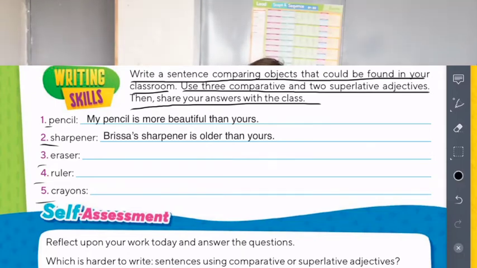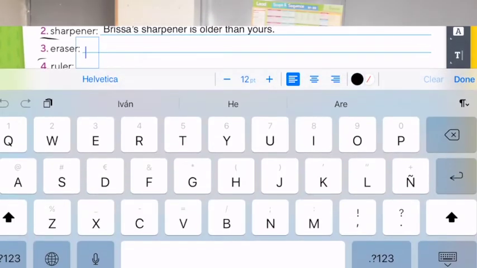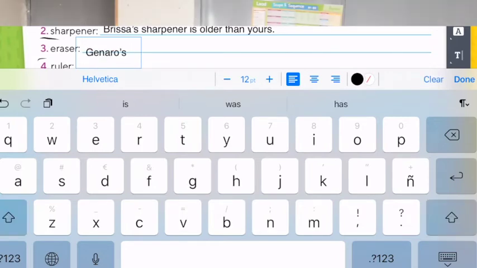Let's make the third one, eraser. What about if we use the adjective new, okay? And let's use Genaro. Genaro's eraser is more new or newer? Newer. Newer than yours. Let's keep it with yours.